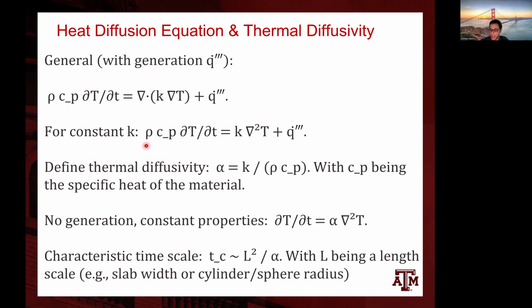If we assume constant thermal conductivity, then this divergence and gradient term simplify to just a second order derivative of the temperature. We take the thermal conductivity outside of the derivative. If you're not familiar with this term, that's fine. It's called the Laplacian, the second order derivative in the three directions. We're gonna solve the problem in just 1D here, but we use the gradient and Laplacian because those have the same meaning and the same formula regardless of the geometry of the problem.